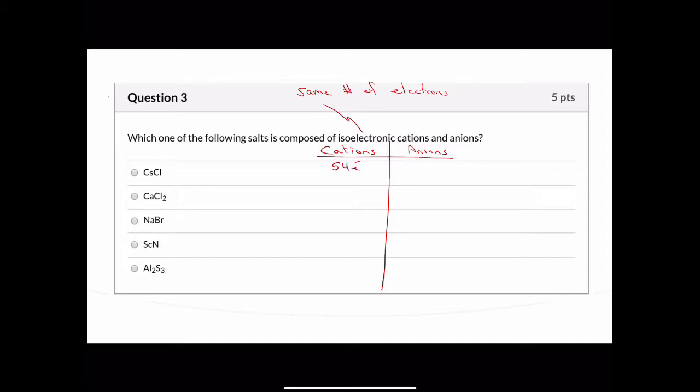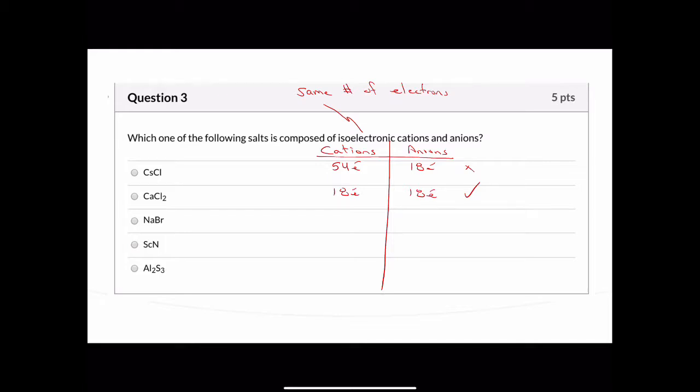For chlorine, chlorine is element number 17, but chloride, that's chlorine with a -1 charge, is going to have 18 electrons. So that's not the answer. If I move on to the next one, calcium itself has 20 electrons, but the calcium 2+ ion will have 18 electrons. And my chloride has 18 electrons, so that must be the answer right there.